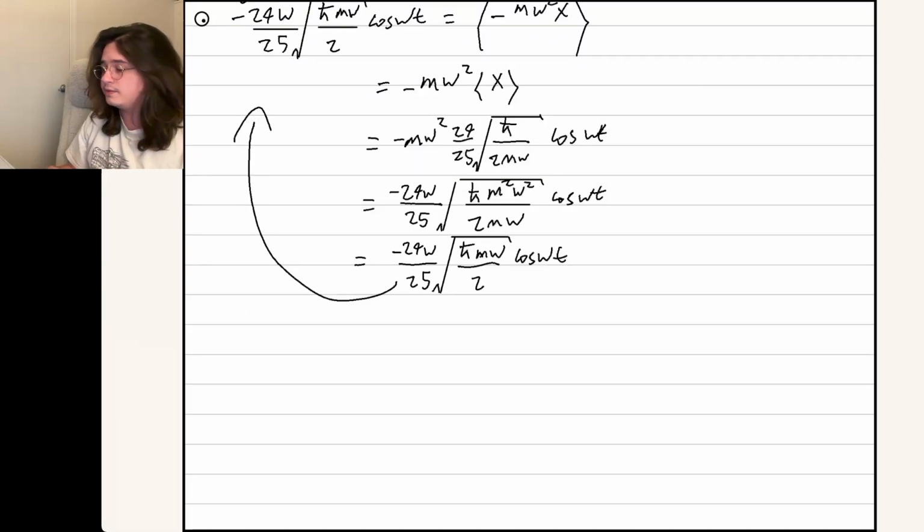The question also asks us what energies we can actually observe for this wave function.